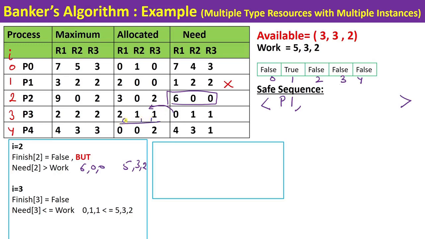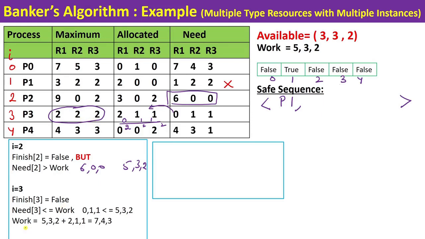So it will be like 2 plus 0 is 2, 1 plus 1 is 2, and 1 plus 1 is 2: 2 2 2. So P3 will now have 2 2 2 resources, which is equal to its maximum need, and after some point of time it will be taken back, or P3 will release.